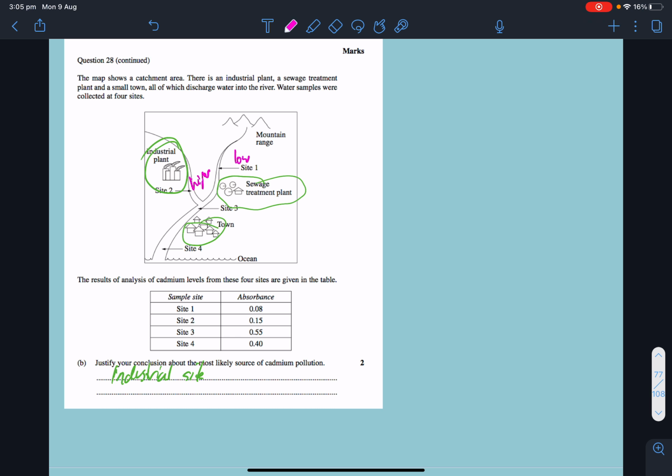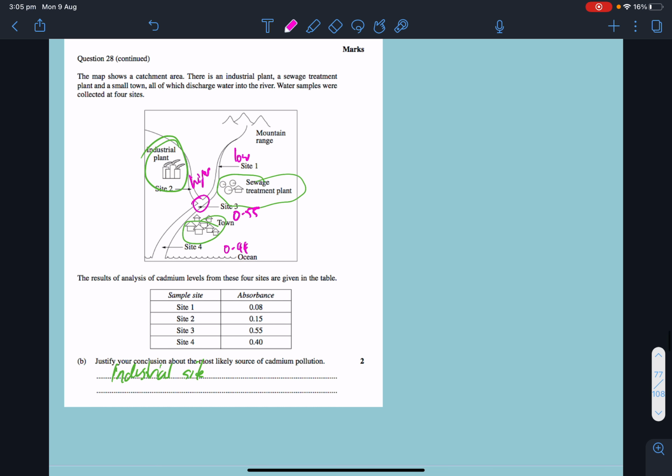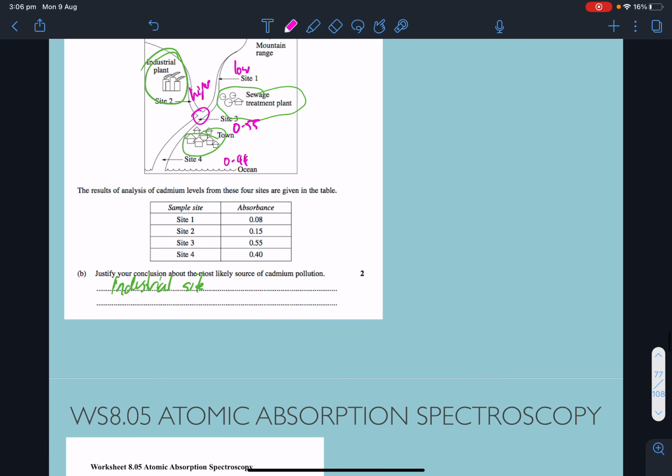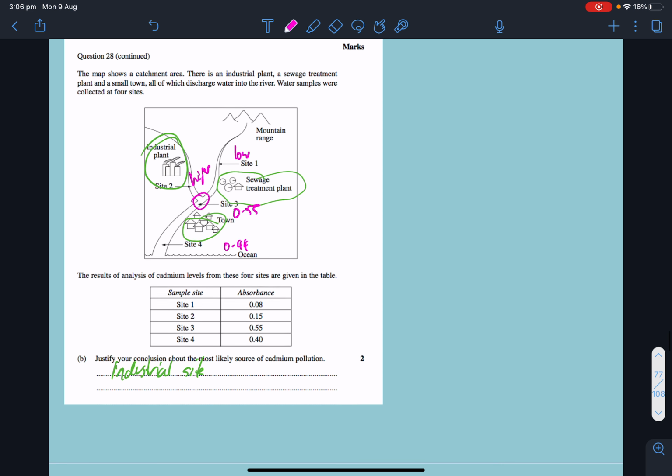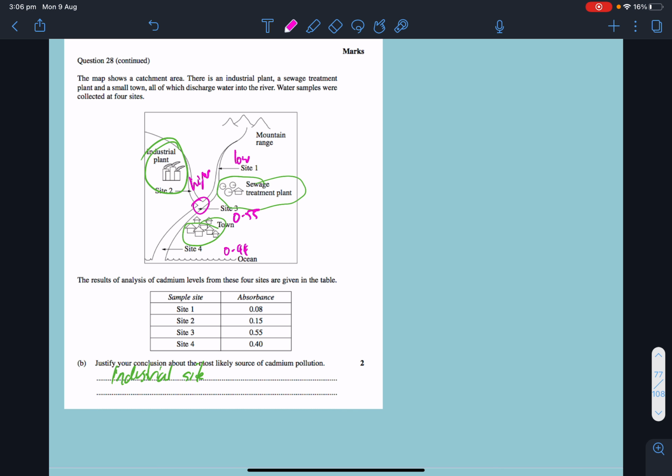Site 3 was 0.55, so a big jump there. And site 4 was a bit diluted. So the highest was around site 3, so it was around the sewage treatment plant. So justify your conclusion about the most likely source of the cadmium pollution.